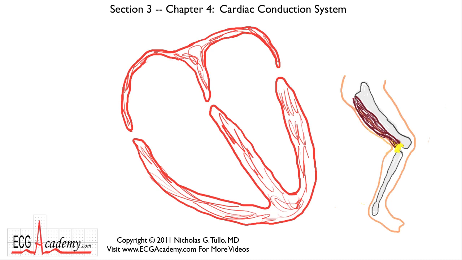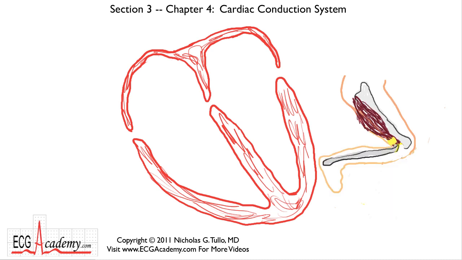Well, when the muscle contracts like this, the muscle shortens, and that pulls this tendon, which is attached to the bone, and that by leverage uses force to pull the bone up. So in order for the muscle to do some work, it has to be attached to something. It has to be attached to the bone.